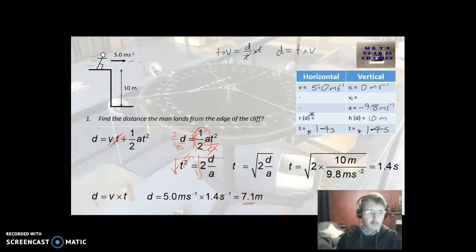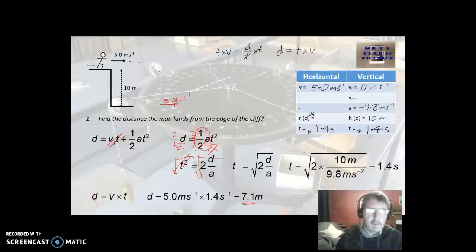Interesting to note, and I'm just going to do this as a very quick aside, that at the end of the journey, this person down here will be traveling sideways at 5 meters per second. They are going to be traveling downways. Well, if I wanted to work that out, I would have to work out the final velocity.